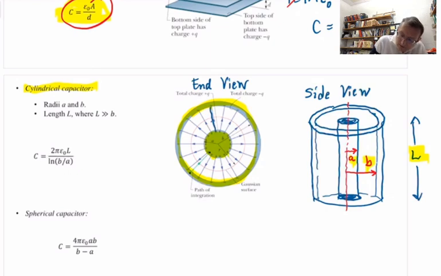Nice and uniform. I'll draw some of them. And we use Gauss's law to get a formula for the electric field in that inner region. And I'm going to just write down what that formula is.